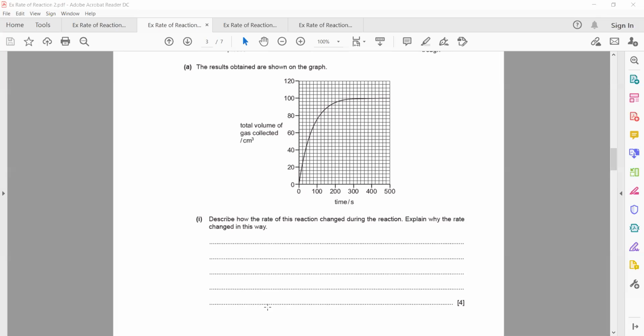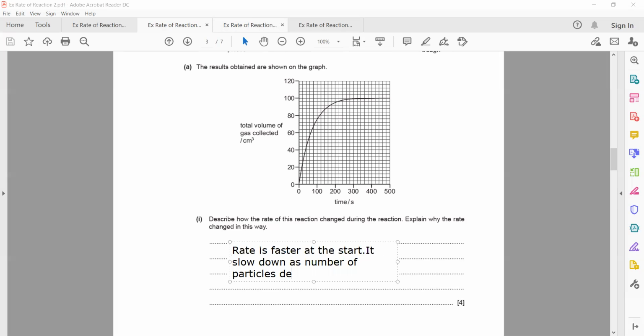So in the beginning, at the start, the rate is faster, then it slows down as the number of particles decreases, because in the beginning you have more reactant particles forming a product.